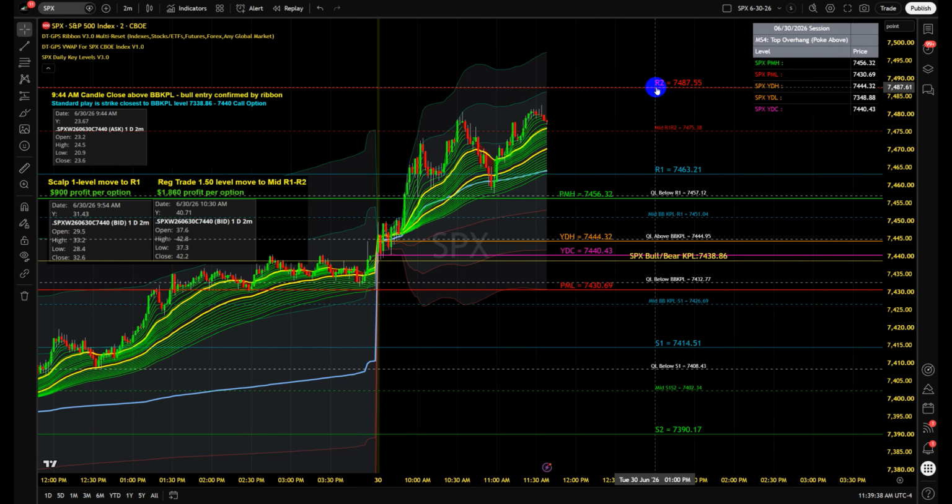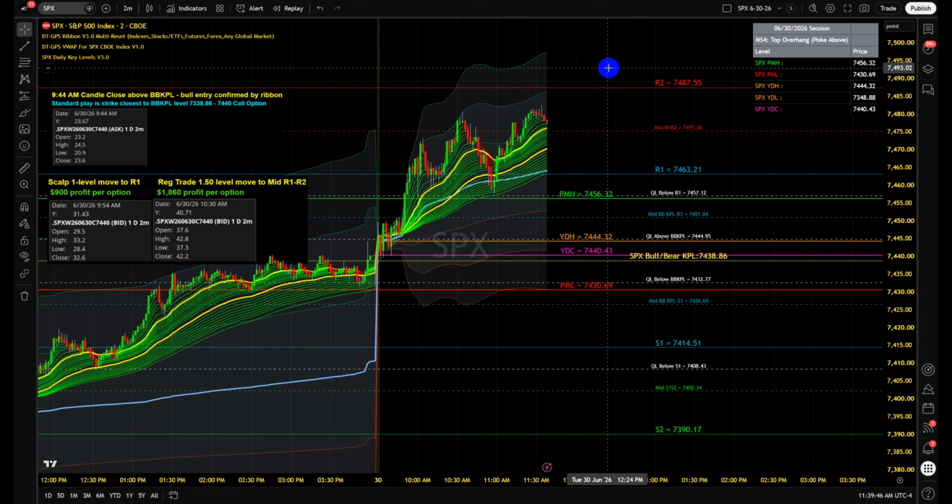Or a bearish trade from R2 down to BBKPL, or a bullish trade on S2 up to bull bear KPL. Because, as we said, 80 to 85% of the sessions in a normal year in a normal volatility environment are going to be contained within this range, R2 down to S2.